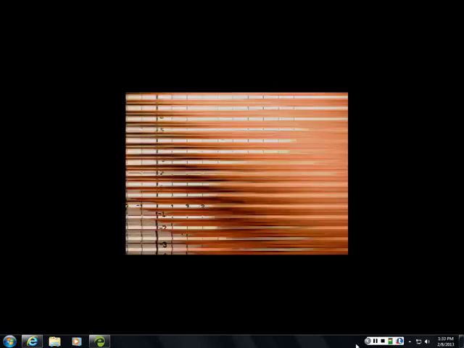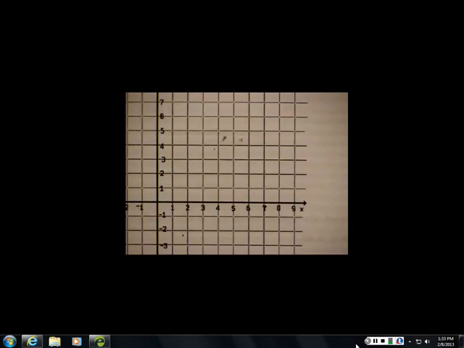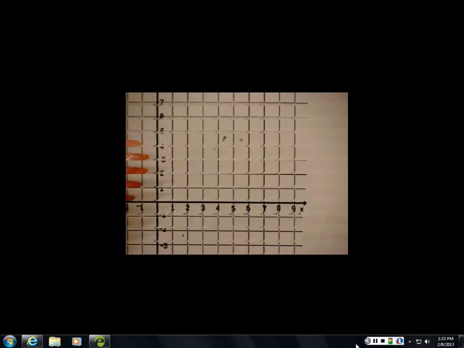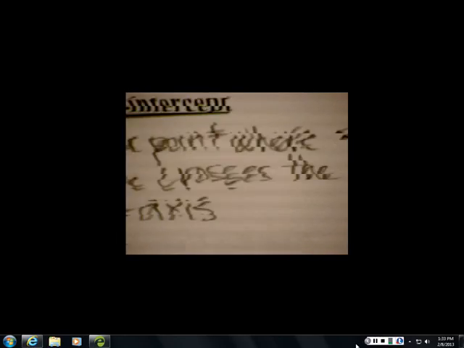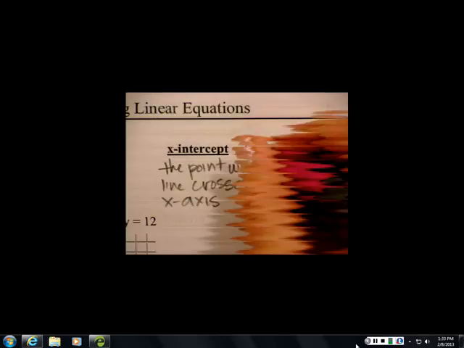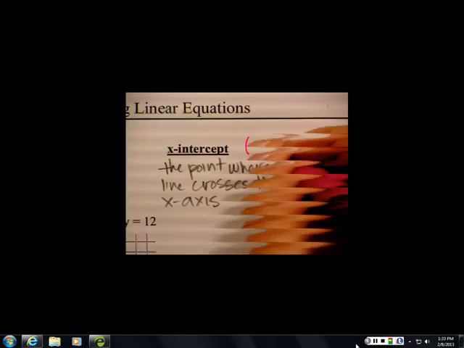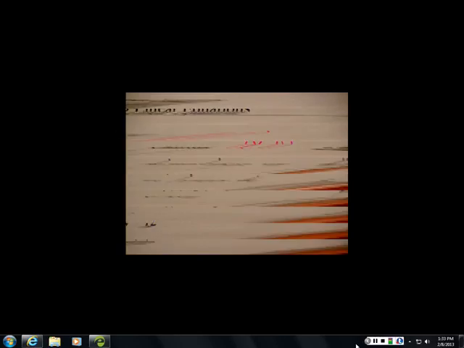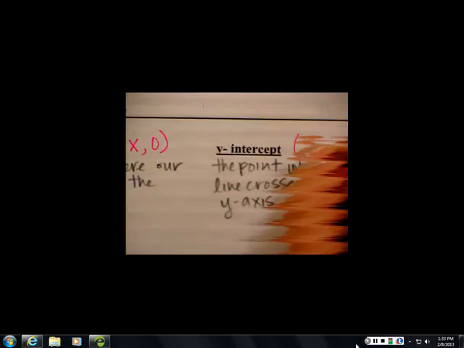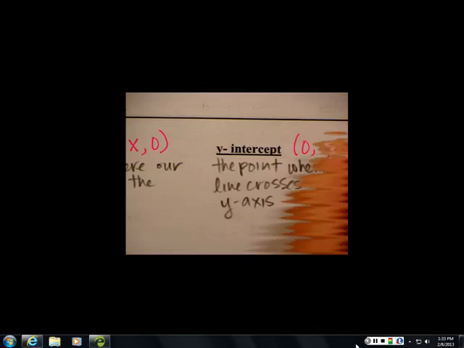I'm going to erase that because we're going to need to put a different line on that graph. So our x-intercept is going to be the x value when y is 0. Our y-intercept, similarly, is going to be the y value when x is 0.